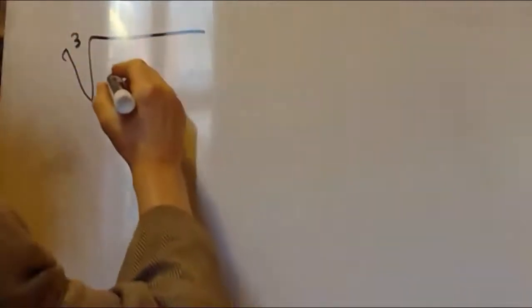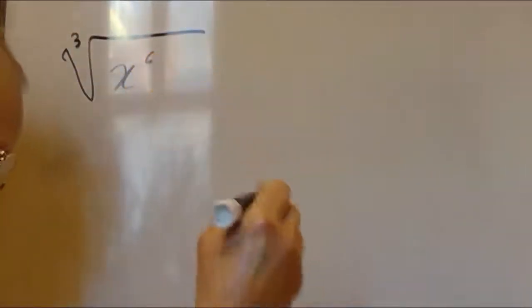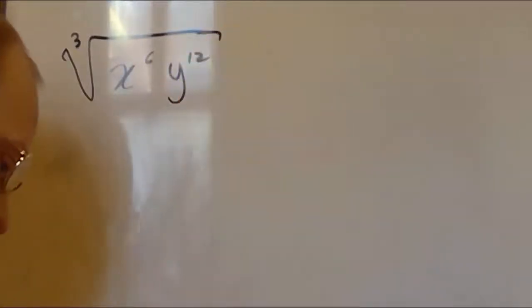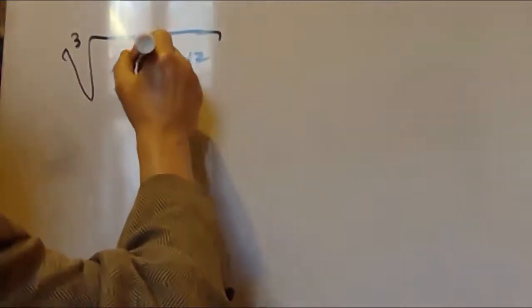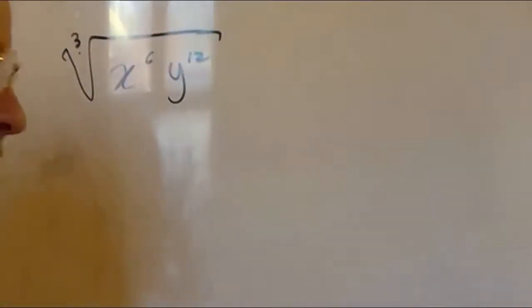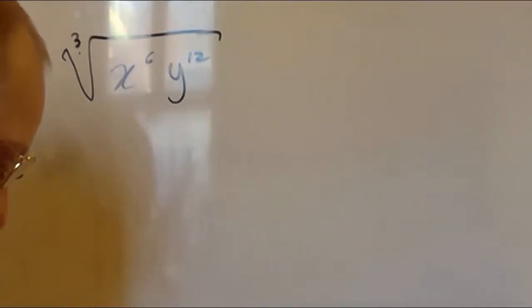We're going to write this expression with a rational exponent, and then we're going to simplify. So we remember the powers are on the top and the root is on the bottom.